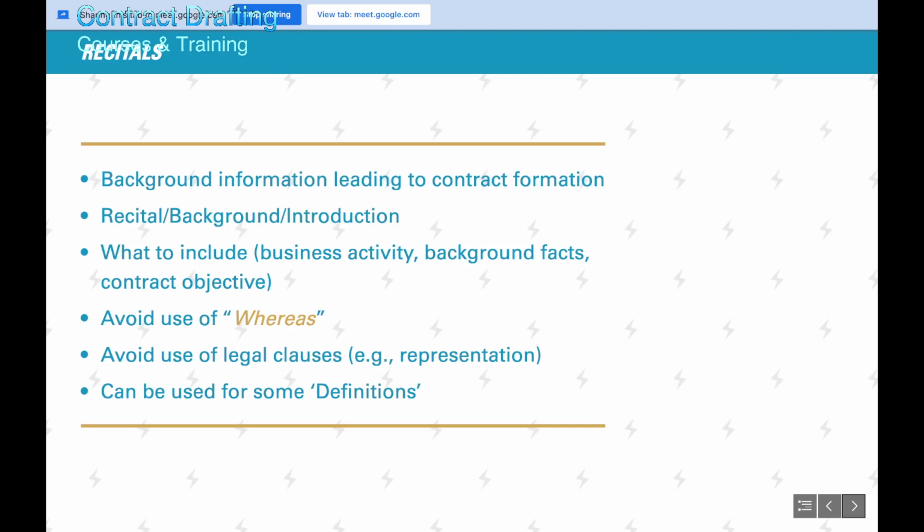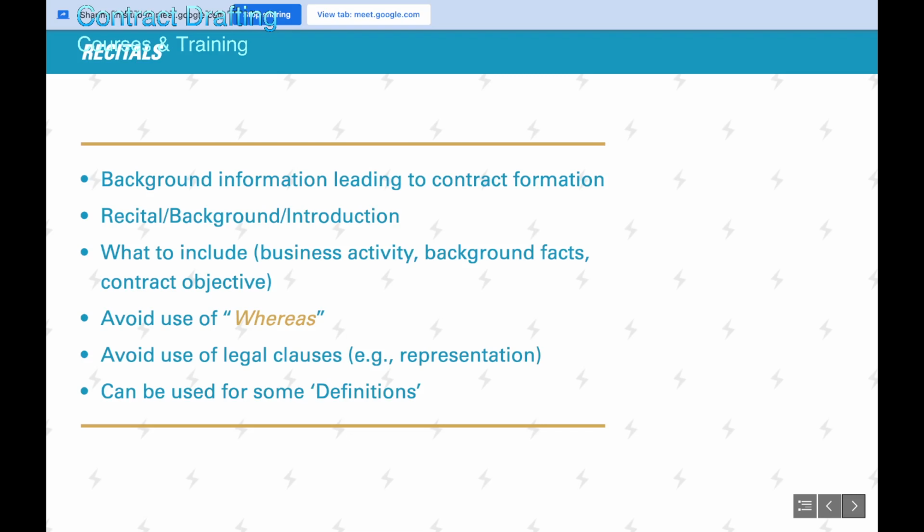In most of the Indian contracts you will find the term whereas. Whereas is an archaic language, you should avoid this. You should also avoid using any representation clause within the recital because representation should be clearly identified in a separate clause rather than using them in the recital section, because there are cases, at least not in India but outside, where use of representation in recital clause have been held to be invalid.